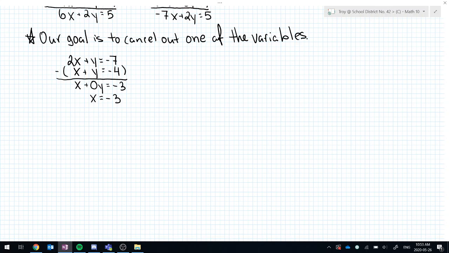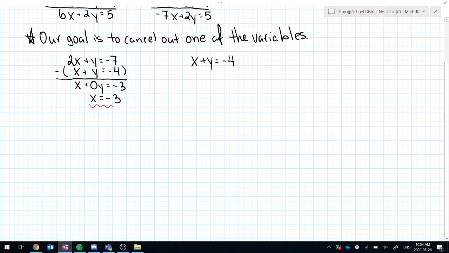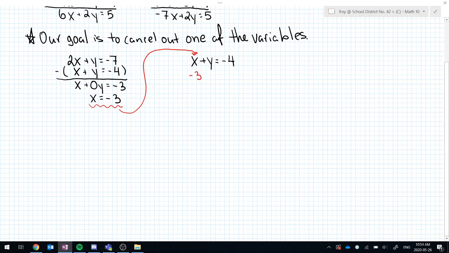So now all we have to do to get the other variable is what we did in substitution. We can substitute that x into either of the original equations. So I'll take the second one here. I'll do x plus y equals negative 4. And because I know x is equal to negative 3, I'll make that substitution.